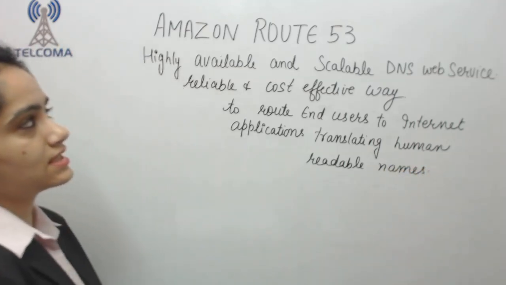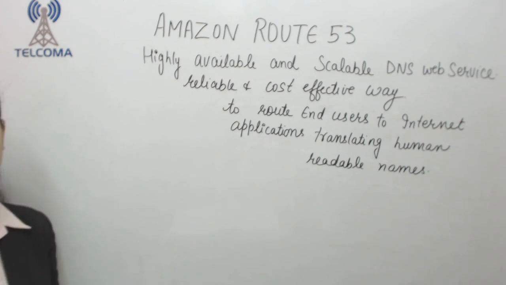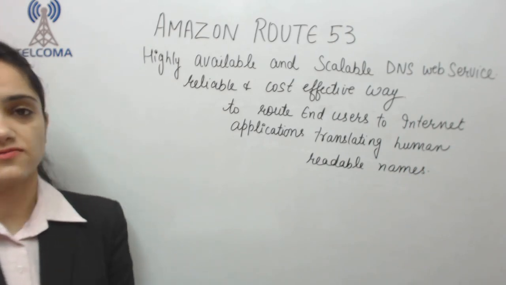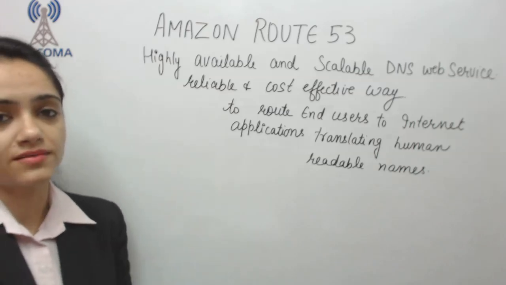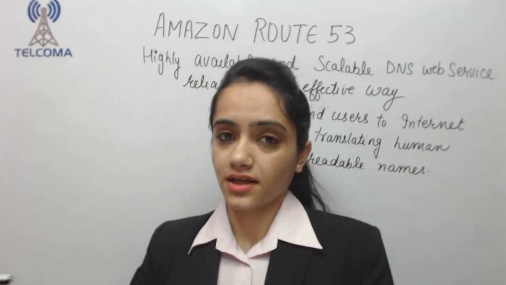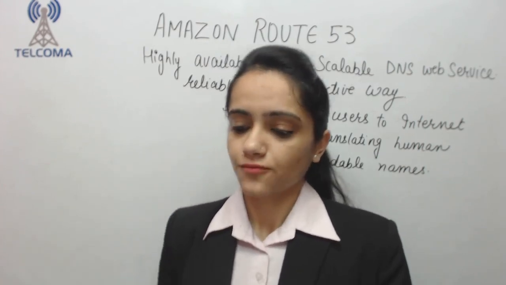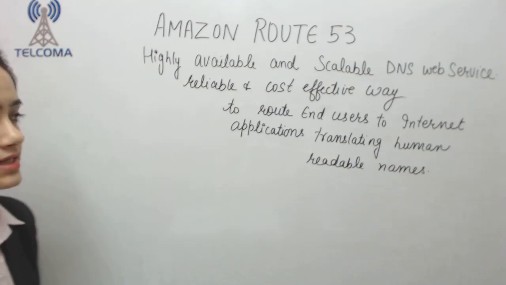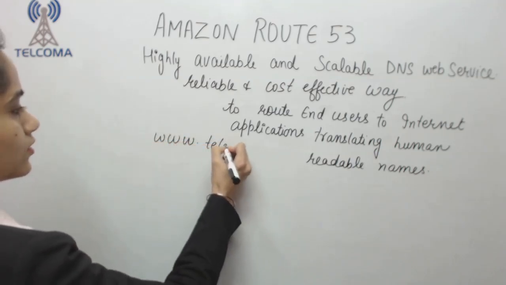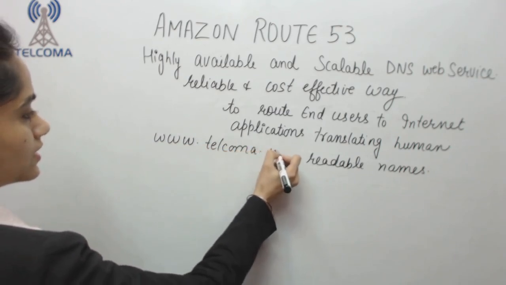Now, this is basically the Amazon Route 53 function, a DNS web service. It translates human readable names to various addresses so that it can connect to the various applications. For example, we have a website like www.telcoma.in.